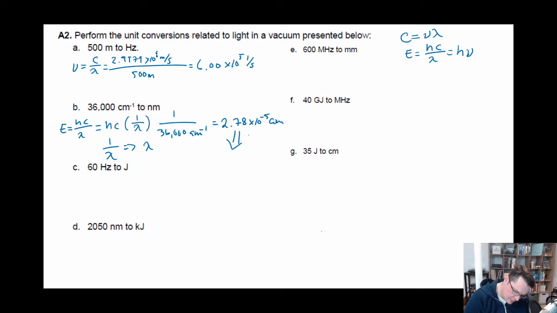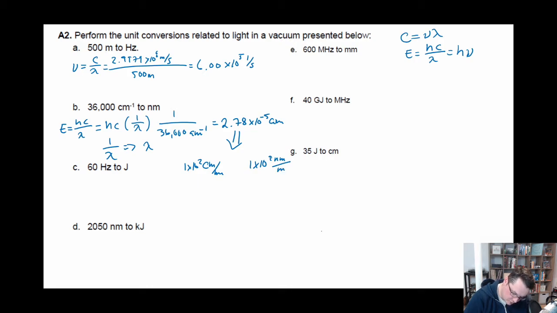So what's the relationship? There's 1 times 10 to the 2 centimeters per meter, and then we have 1 times 10 to the 9th nanometers per meter.